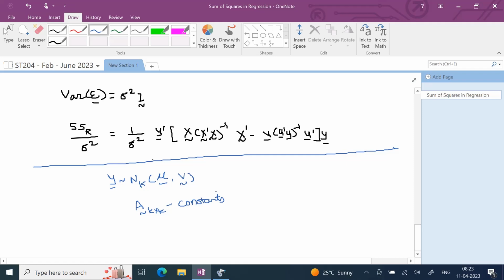Of course, we are assuming that this V is non-singular. Now we define a quadratic form, say Q, which of course will be a scalar.